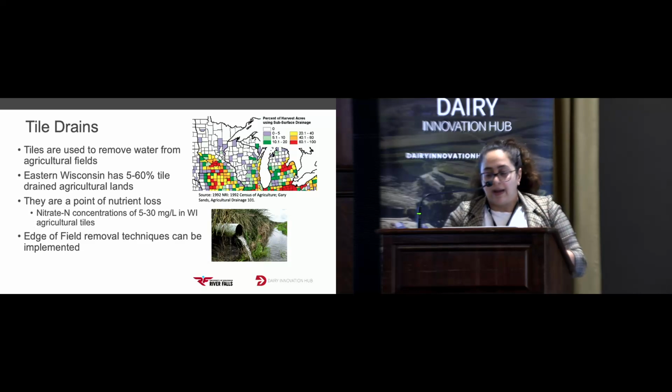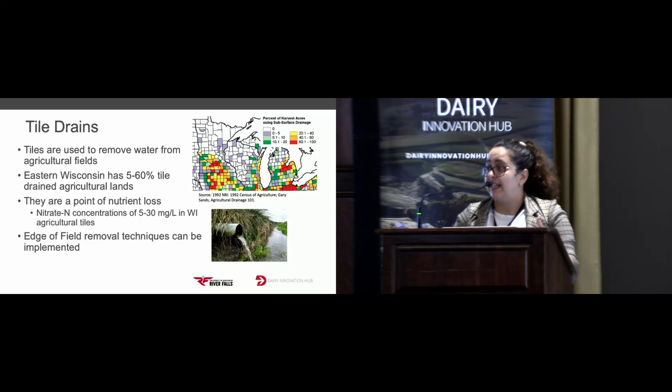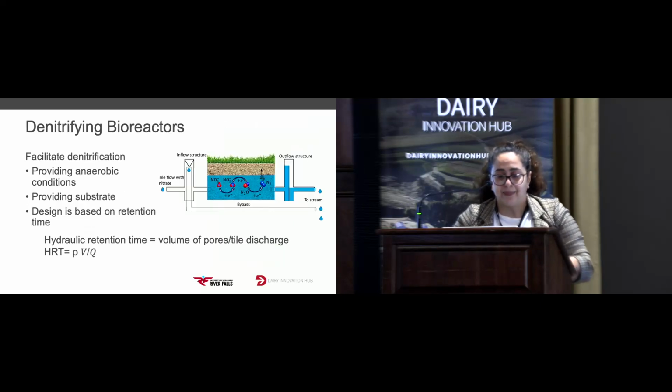The thing about them is that you then have an outlet for water. That's a very nice place, if that water is contaminated, to put a remediation system on, right? In some eastern Wisconsin areas, 5 to 60% tile drainage agricultural systems exist.